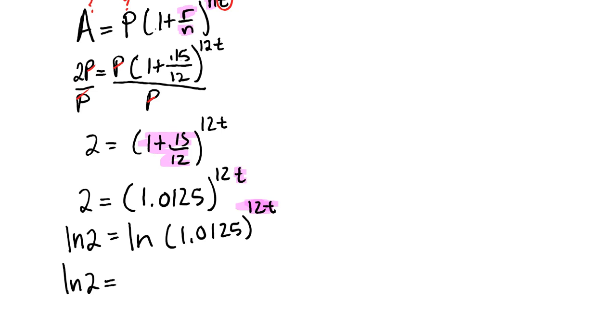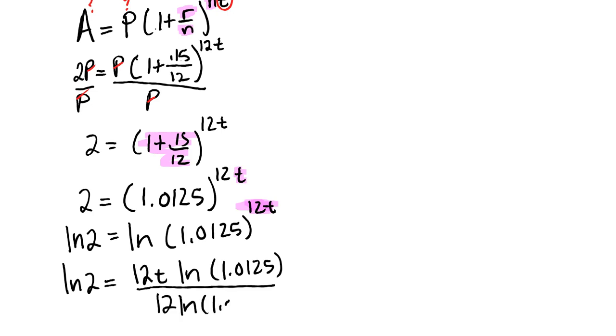So I'm using the power rule for logarithms to give me 12t natural log 1.0125. And now I can get t by itself by dividing both sides by 12 natural log 1.0125.